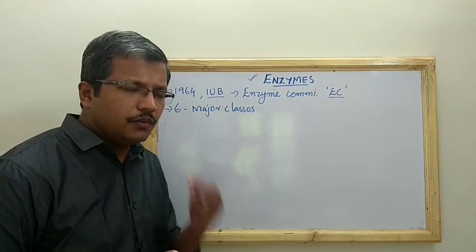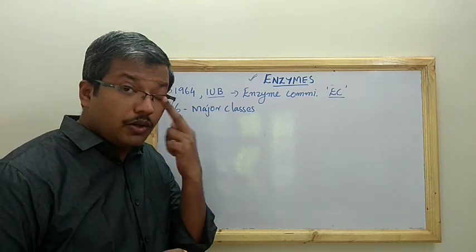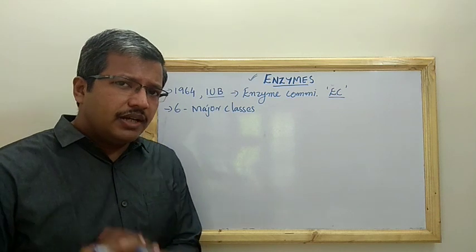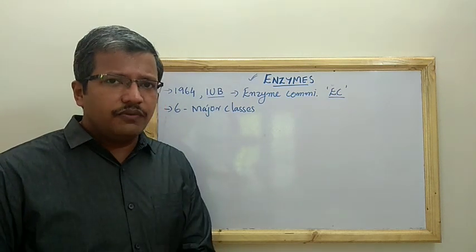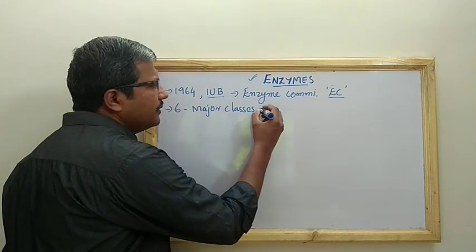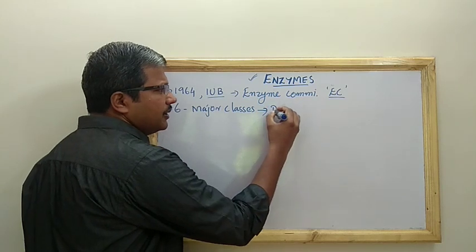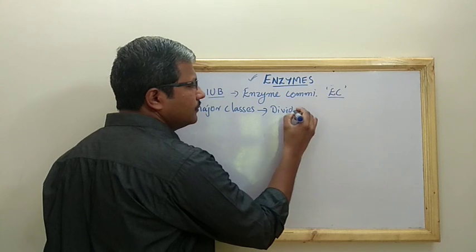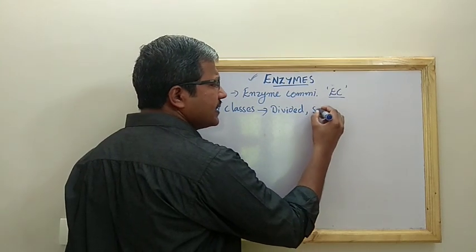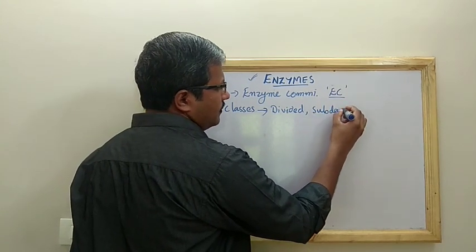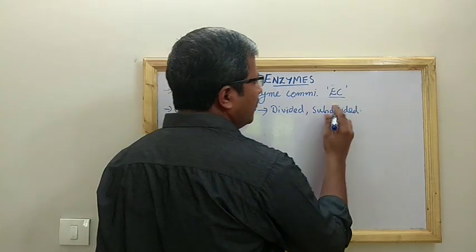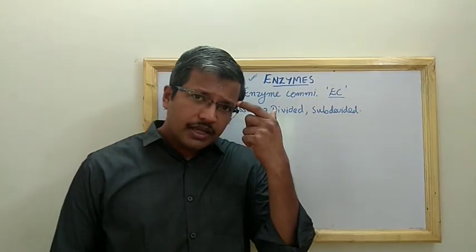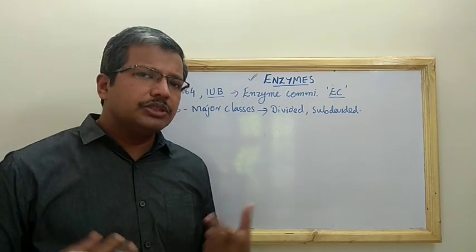Remember, we are now dealing with the classification of enzymes, how it was classified. The Enzyme Commission identified 6 major classes of enzyme, and they have divided and subdivided these 6 classes into subclasses.